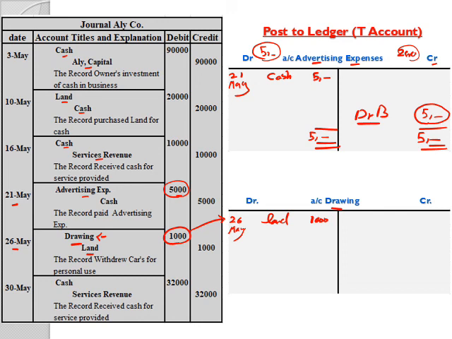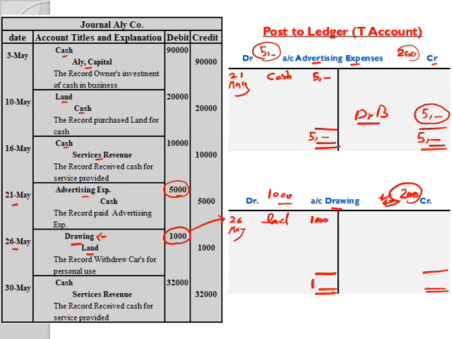Okay, we close the account. Debit side 1,000, credit side 0. Debit side largest, bigger than credit side.